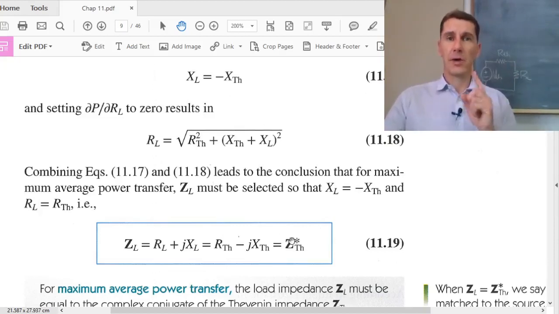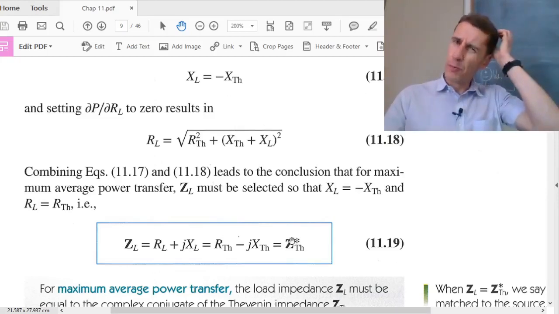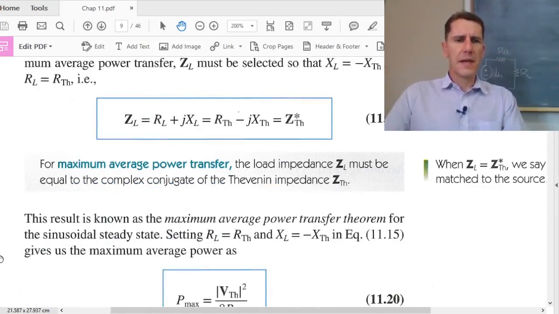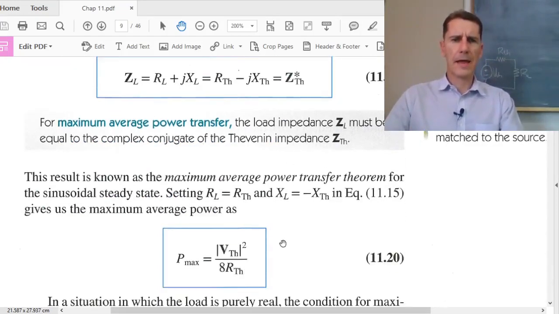Okay, but now here comes not a boo-boo, but a catch in the textbook. They then say that this result is known as the maximum average power transfer theorem and gives us a maximum average power of this.